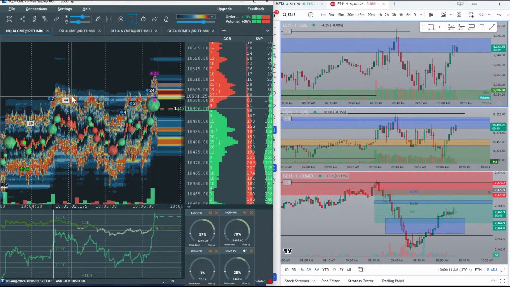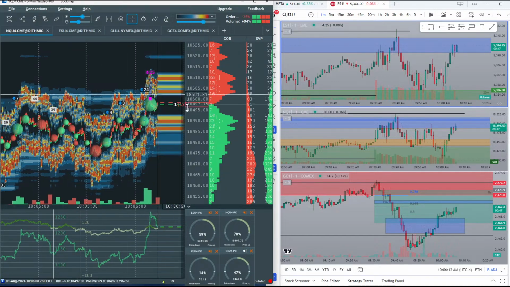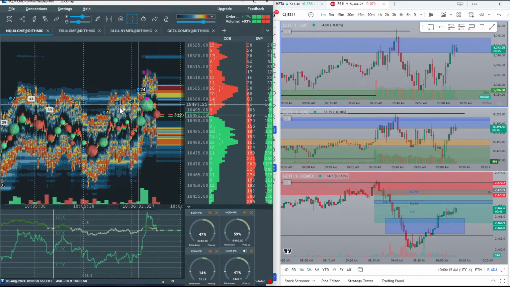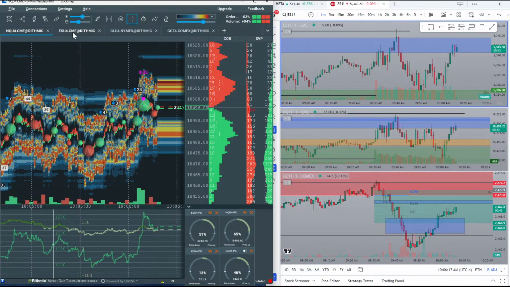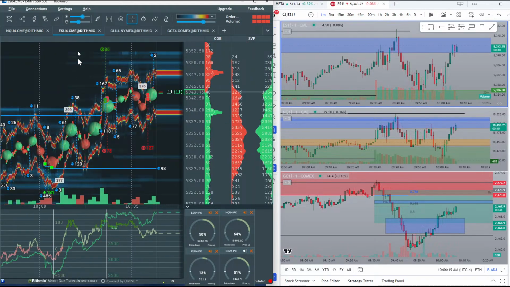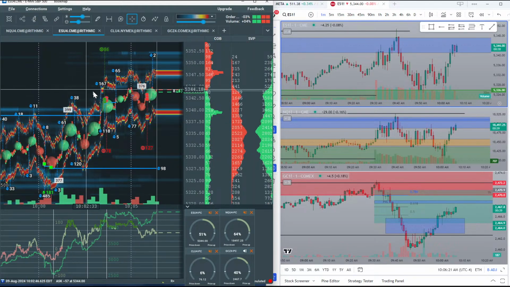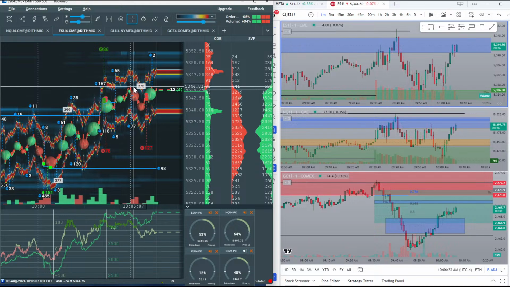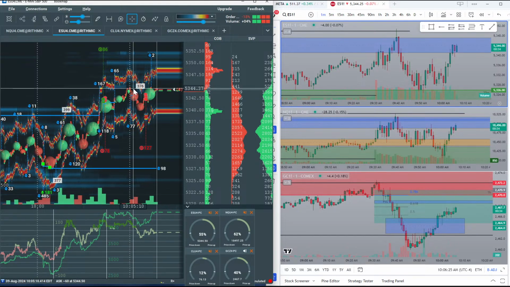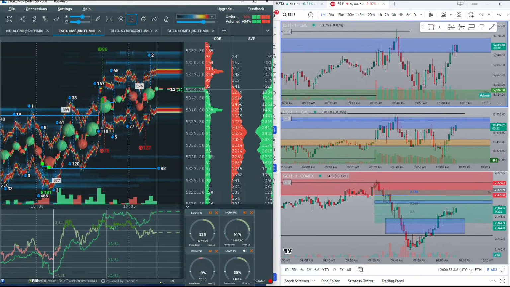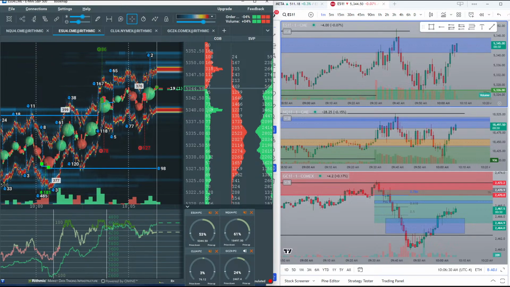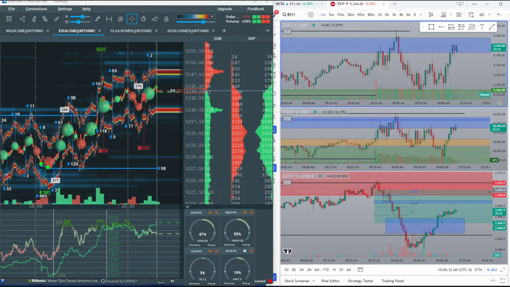The reason I don't like it so much on the NASDAQ is because look at how much more liquid the NASDAQ is. It moves very sporadically, stop hunts left and right. ES moves a bit slower. It'll react to that level a bit sooner. So it's definitely trial and error and just figuring out which one it works best for and suits your trading style.